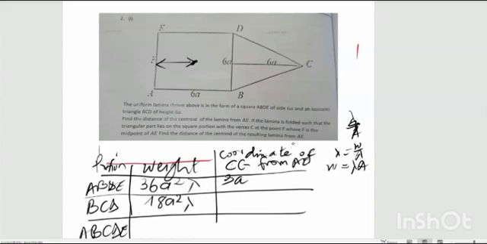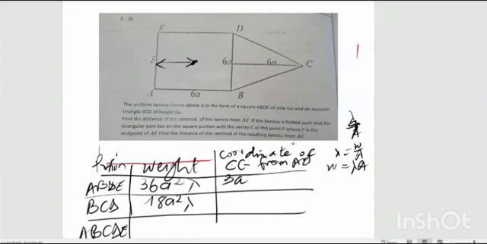Now BCD, which is a triangle. From the vertex, 1/3 of 6a is 2a.